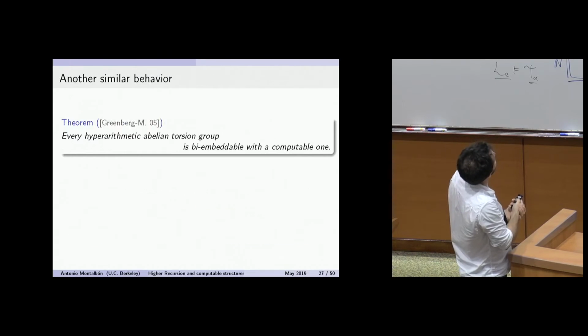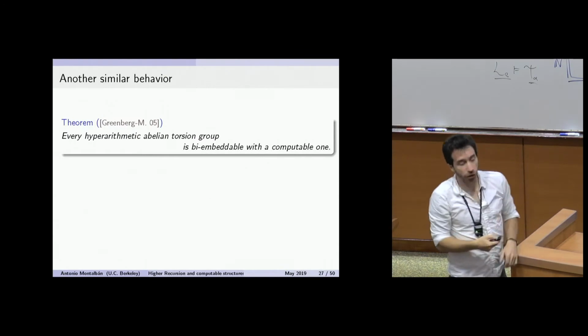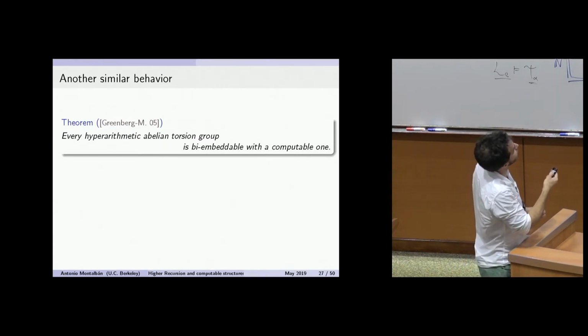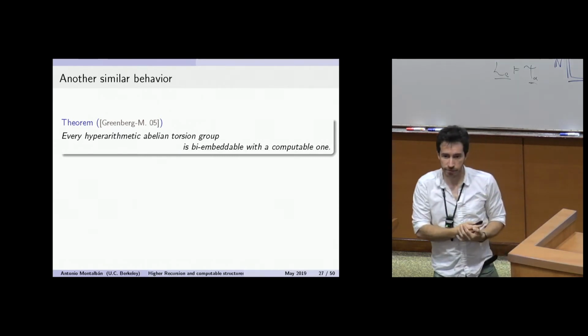And then after that, or maybe published at the same time, with Noam Greenberg, we showed that the same is true for abelian torsion groups. If you have an abelian torsion group that is hyperarithmetic, it's bi-embeddable with a computable one.